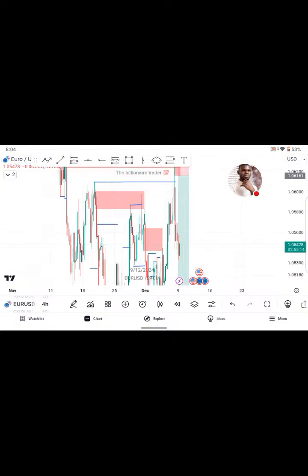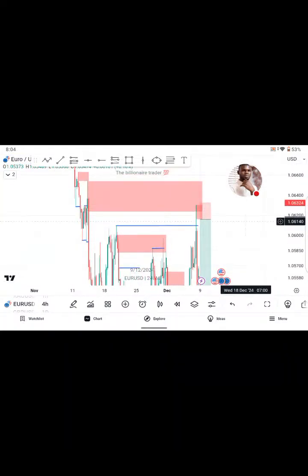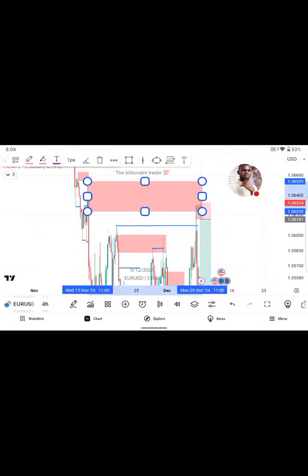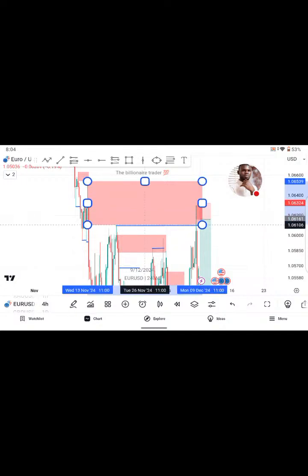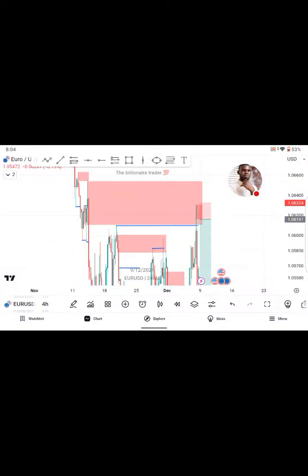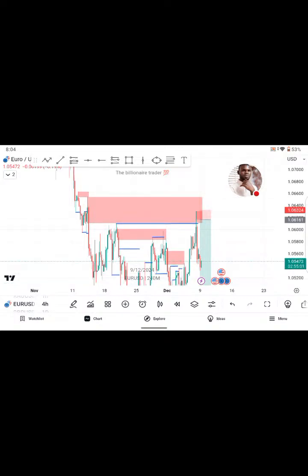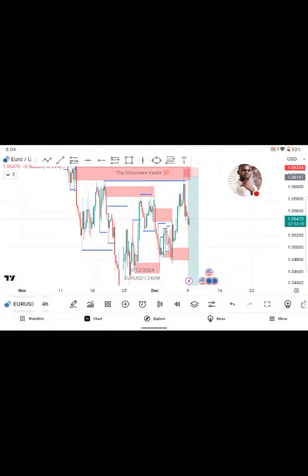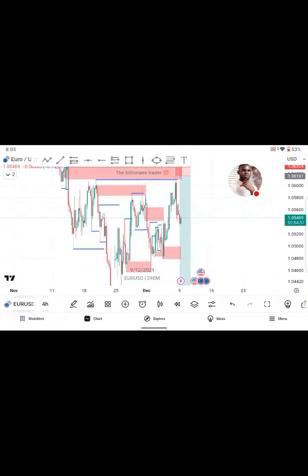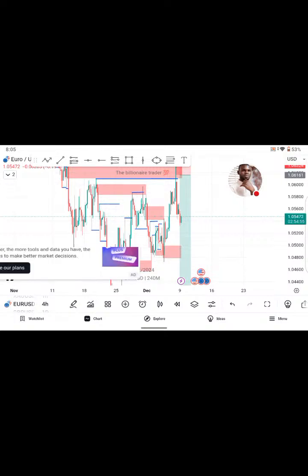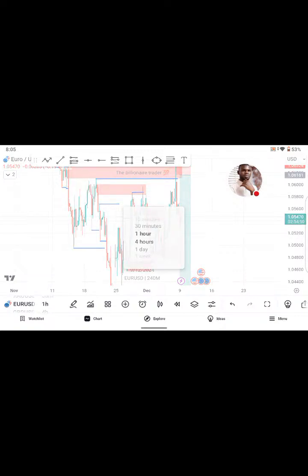This high did not mitigate this POI. It was when I was reviewing my trade that I saw that on the 4 hour time frame. There are some entries that can only be visible on the 1 hour time frame. So I switched to the 1 hour time frame.